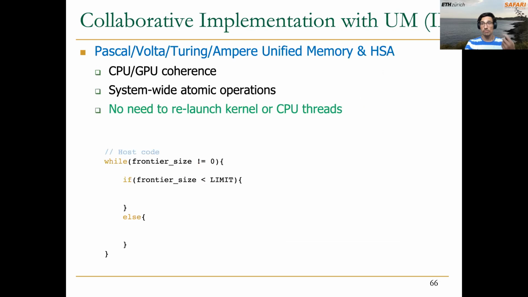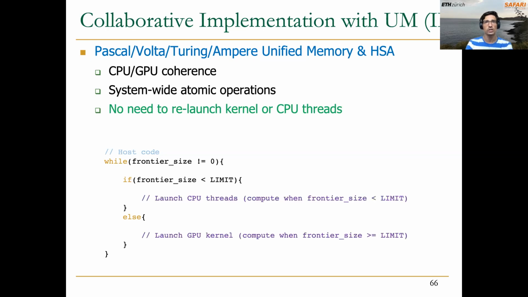But if we want even more fine-grained collaboration, we need system-wide atomic operations, and we need the unified memory post-Pascal or the HSA architecture. It's possible to have CPU threads and GPU threads running all the time and just working when they detect that the size of the frontier is in the corresponding range, right?